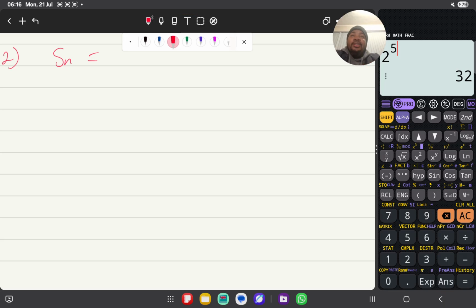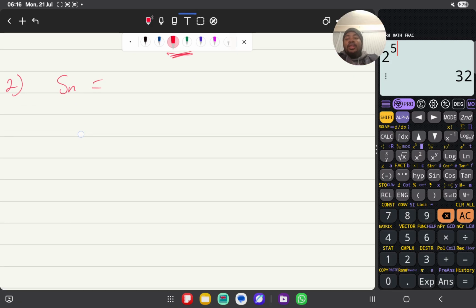Our r is greater than 1. Remember, if your r is between -1 and 1, then you have a convergent series, and therefore there is a sum to infinity. But here there isn't.